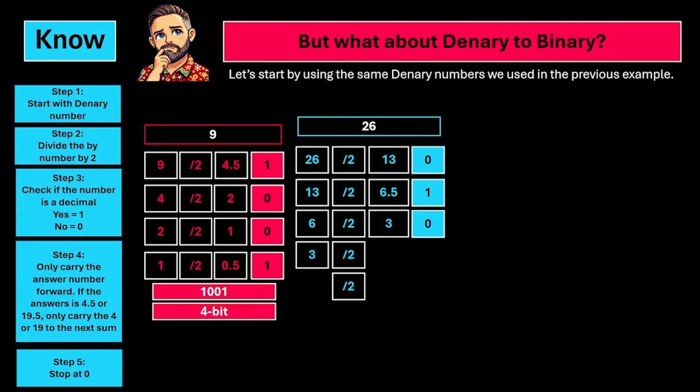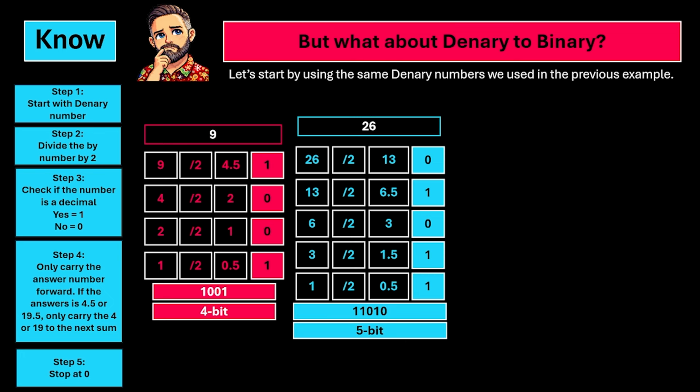We carry the 3 forward, the whole number only. Divide by 2, 1.5. Is there a decimal? Yes, it's a 1. Then we carry forward the whole number only. So the 1 gets divided by 2, that leaves us with 0.5. That is a decimal, we place a 1. Then we carry forward the 0, and because we can't go any further with a 0, we stop.